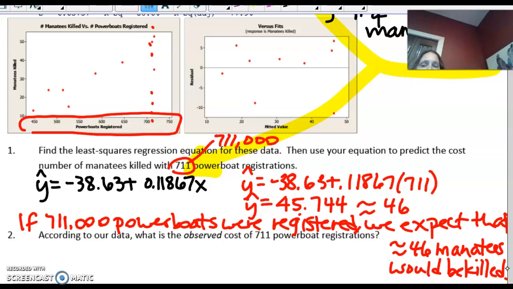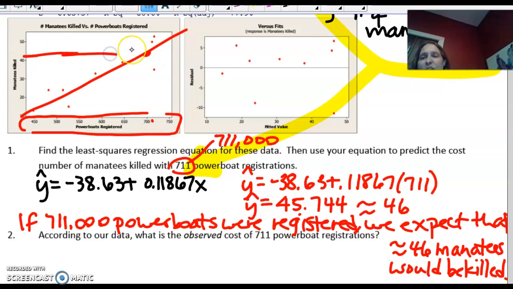In number 2, it says, according to our data, what is the observed cost of 711 powerboat registrations? Well, if we go back and take a look, I'm going to get rid of my graph in there. At 711, it seems like probably our line would be somewhere like that. And sure enough, that seems like it's at about 42 or so.